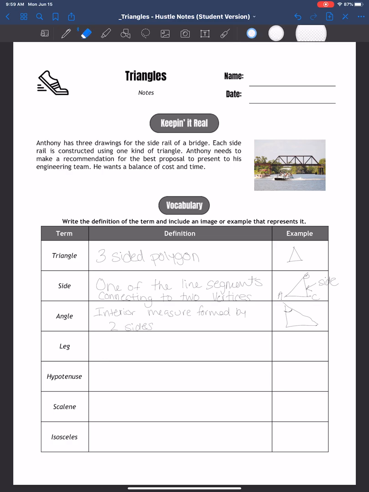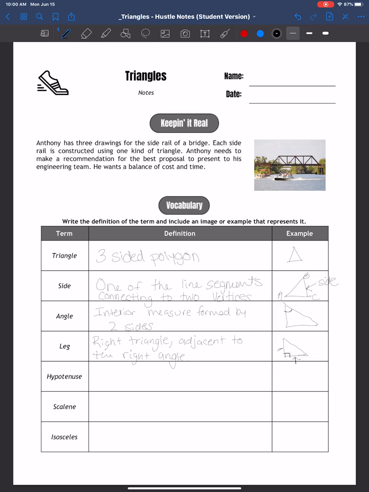The leg is in a right triangle. It's the sides adjacent to the right angle. So when you have a right triangle, here's your right angle.